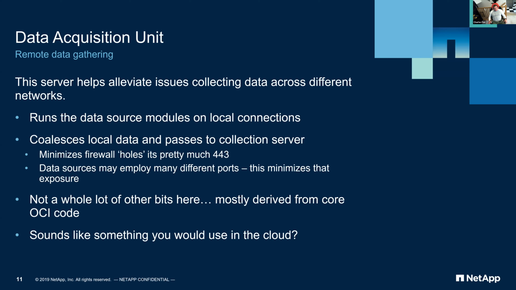So the data acquisition unit can be put on the other side of the firewall where maybe there aren't so many restrictions on things like ports. Run the data collection services, package all that up into a single stream, and bring it back over something that's well defined like 443. This minimizes exposure at the firewall level, so you don't have to open up other pinholes and things like that. Something that nobody likes to do.